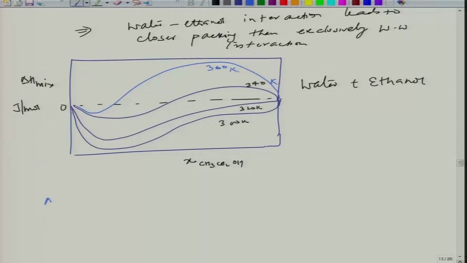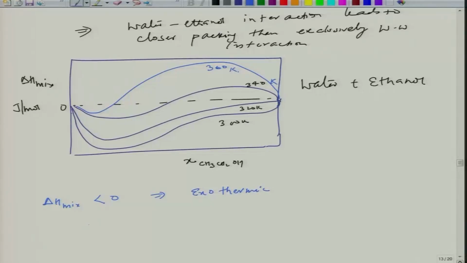So, what does this sign represent here? For the case of negative, that is less than 0, we know that it is going to be exothermic, which means that you need to remove the heat from your chamber or container where this mixing is happening in order to maintain the temperature.